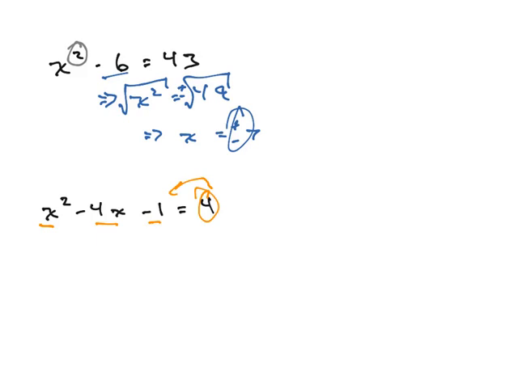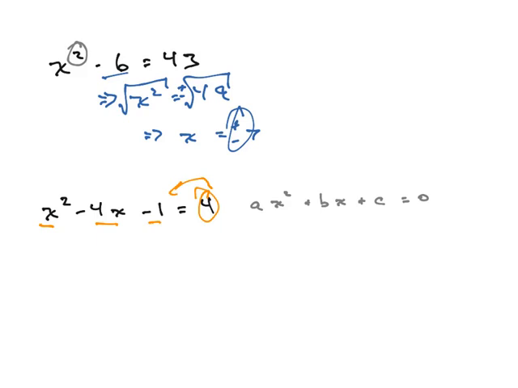When I see this, I know first thing to do is put this in what's called standard form. Standard form is ax squared plus bx plus c equals 0. That's what I want my equation to look like. So if it doesn't already look like that, I got to make it look like that.